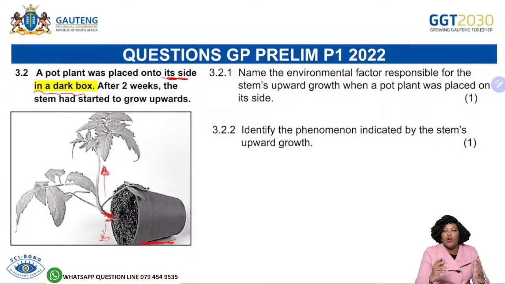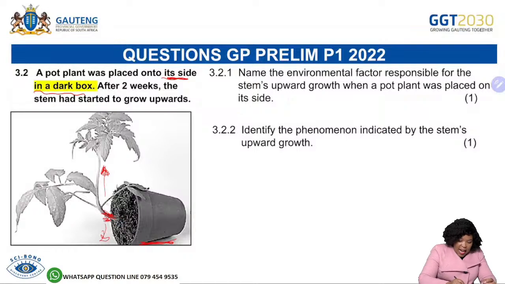So meaning more concentrations of auxins are going to be found where? At the bottom. And when the auxins are at the bottom of the stem, they are going to inhibit growth or cell elongation, meaning our plant on that side is not going to grow.